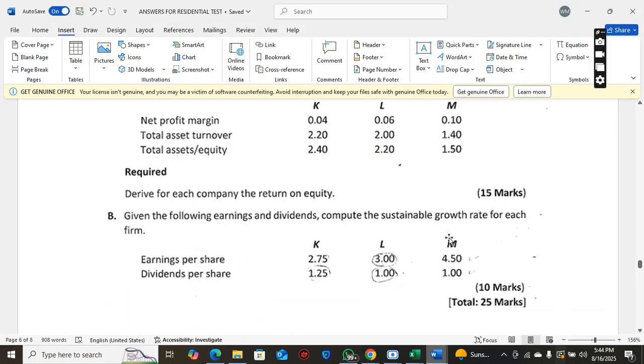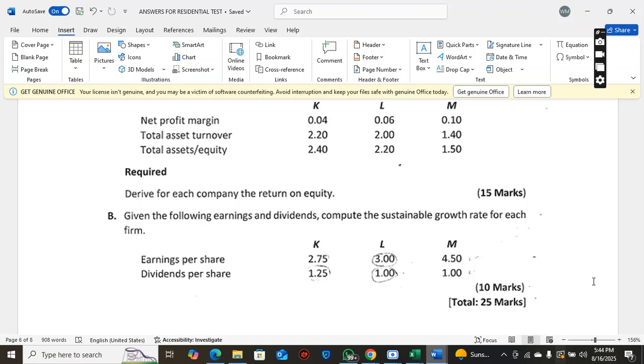Then we've got this sustainable growth rate. What does it tell us? The rate at which each company can grow with their profits.